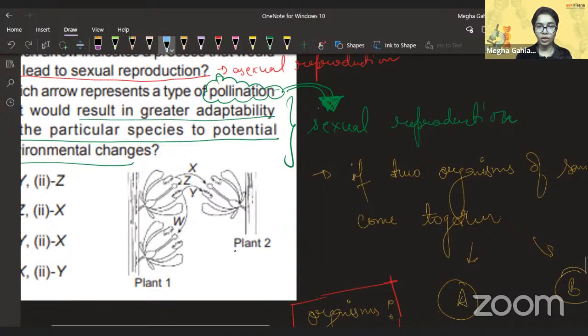And if you look at these two arrows properly, you see that X is from one anther to the stigma of the flower, whereas Z is from one anther to the stigma of the same flower.